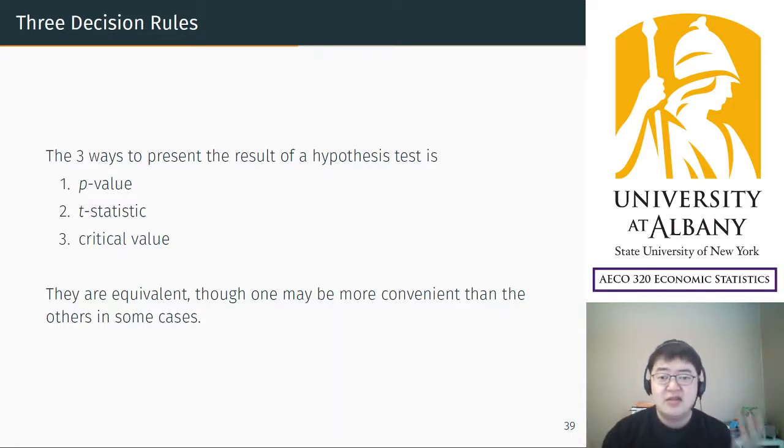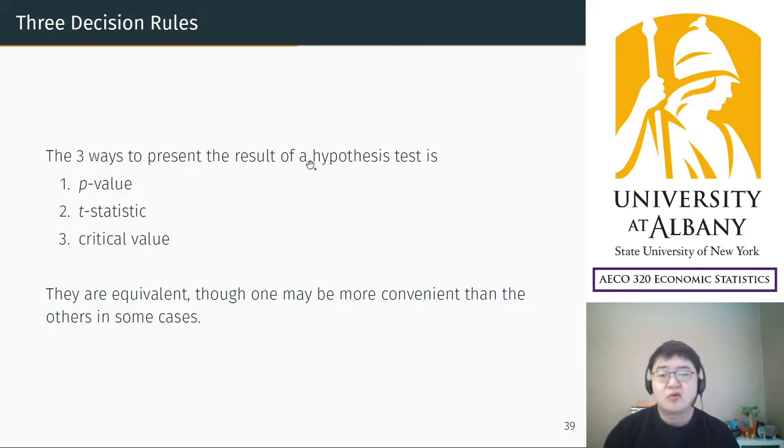As I said, these three methods are equivalent. They are the same thing, but how the numbers are presented could be different from an article to another or a program to another. Also, all of them are widely used. So it's good to understand how they are related, how they are constructed, how to read them, and how to interpret them.